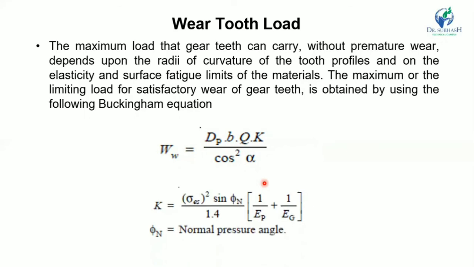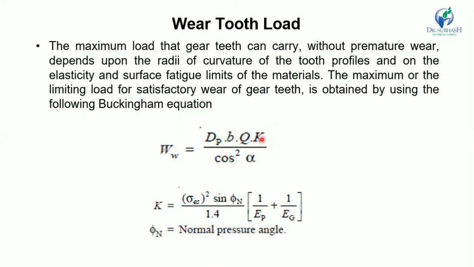Okay. Now the value of this Q is known as the ratio factor, and the value of Q depends upon the velocity ratio, and the value of Q is taken from the equation as discussed in the design of the spur gear. Okay, now this K is a constant.